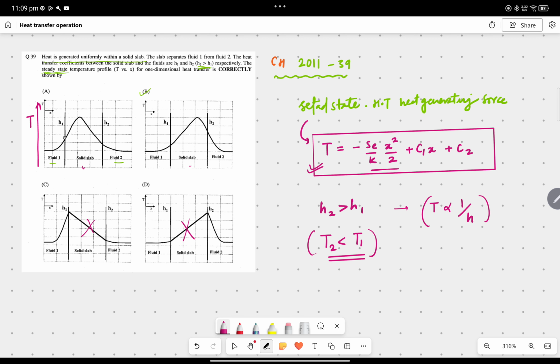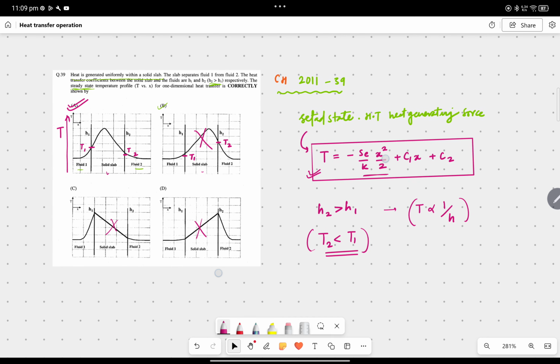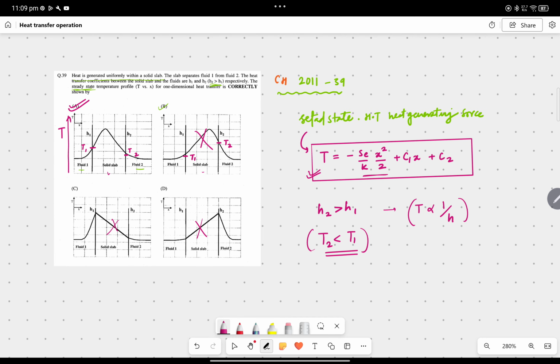Assuming these two temperatures, where is T1 larger than T2? Here we can see that T1 is larger than T2. So from this we can say that this graph is wrong, and the correct option is A. So this is the proper description for the correct answer of this question.